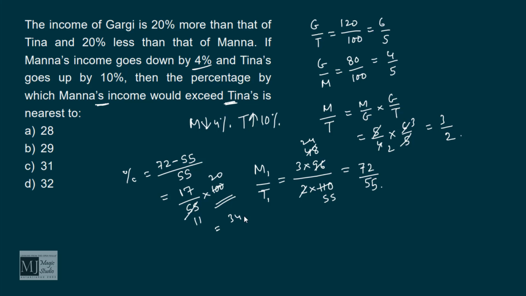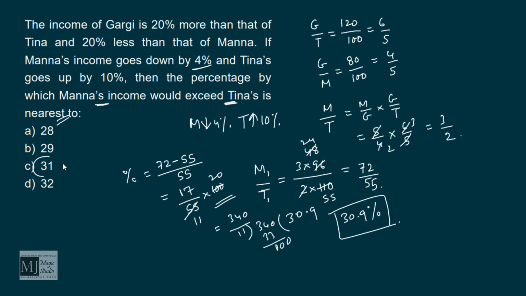This would be 340 by 11, and if I calculate, this would be 30.9 to be more precise. The question asked is the percentage by which Manna's income would exceed Tina's income is nearest to, 30.9%, nearest to 31%. Answer.